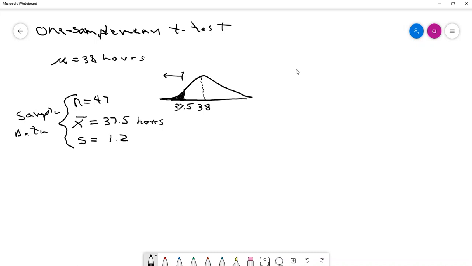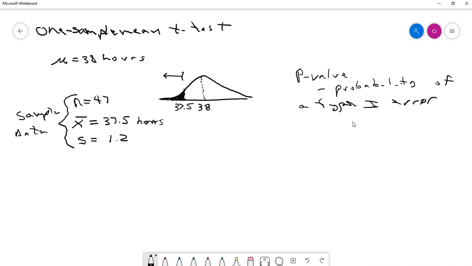Okay, so let me write that over here. The p-value, again, area under the curve, but also is a probability of a type 1 error. So what's a type 1 error?